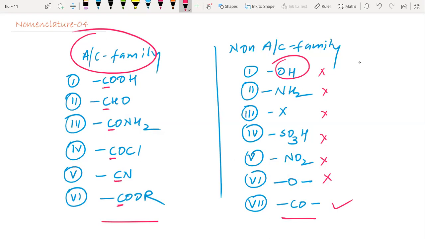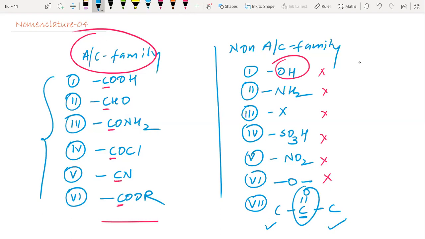As you see in ketone, I'll write and show you what is there in ketone. In case of ketone, it is C double bond O, and on either side we have a carbon atom. Means our functional group's carbon is bonded to 2 other carbon atoms, and that you will not observe in the AC family.